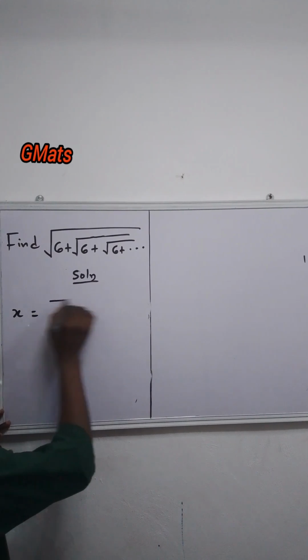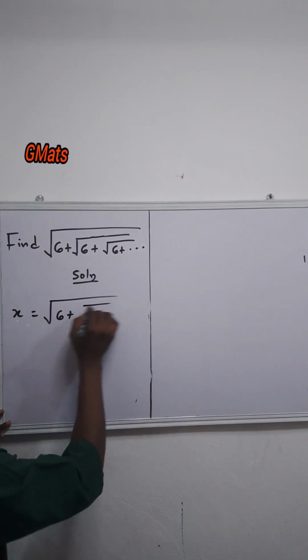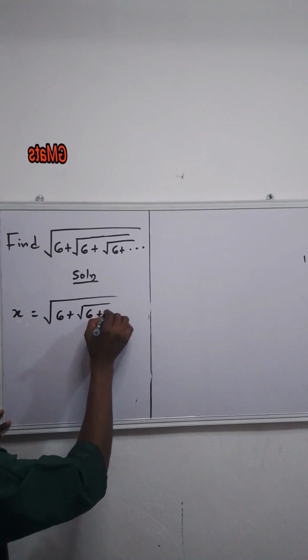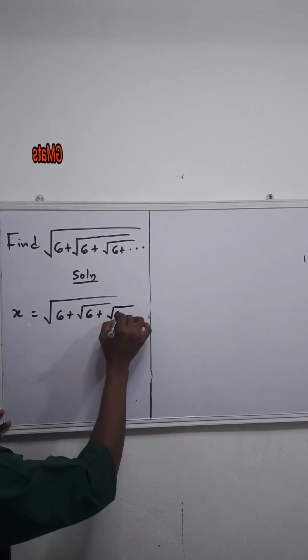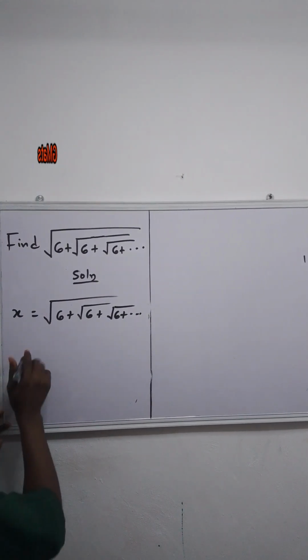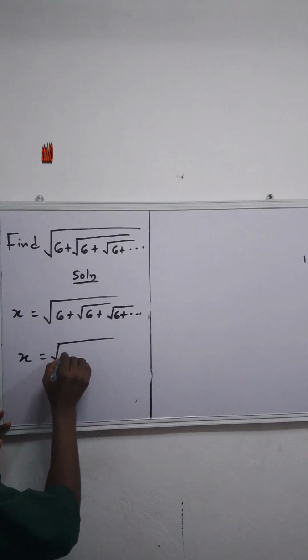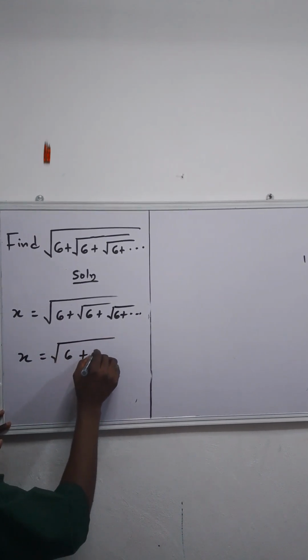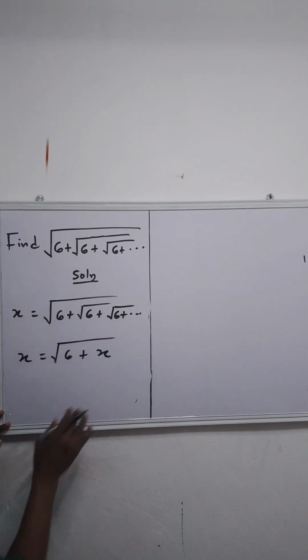x equals the expression given, that is 6 plus square root of 6 plus square root of 6 and so on. Okay, so if we have this, that implies that x equals the square root of 6 plus x, since all of what we have here is the same thing as x.